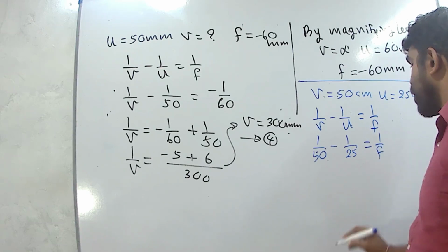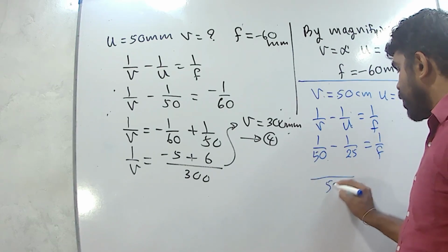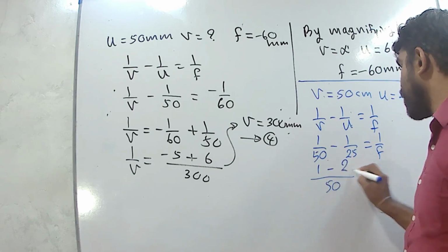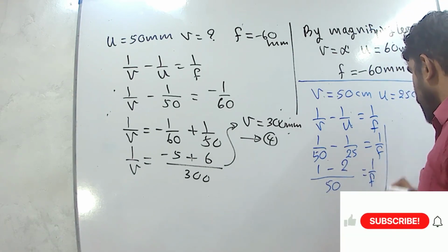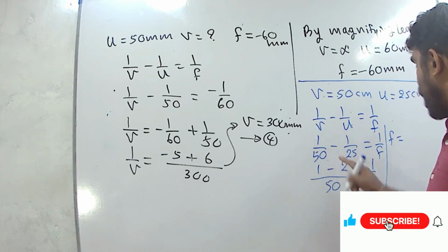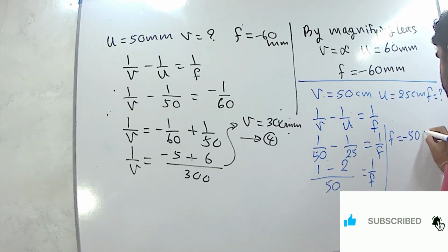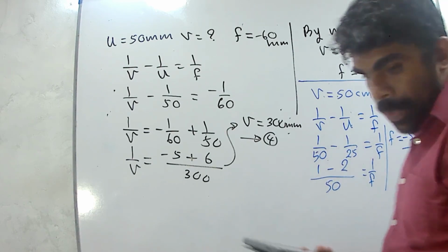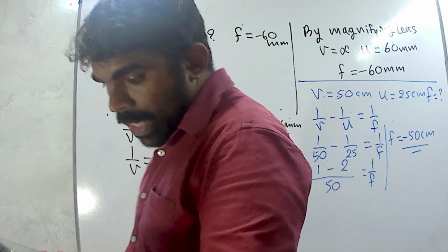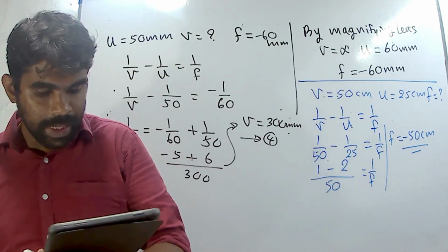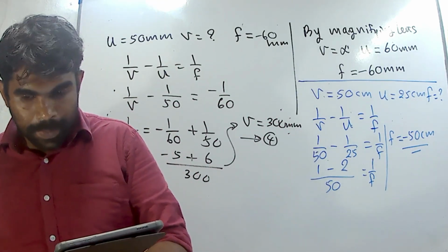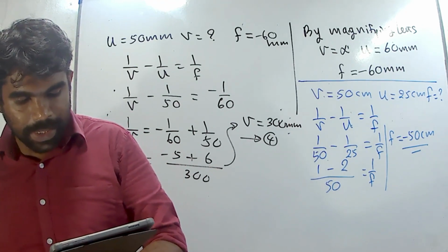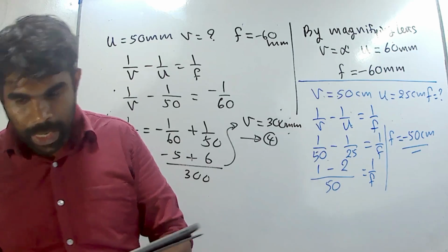LCM 50, 50 divided by 50, 1, minus 50 divided by 25, 2. Then F value is 50 divided by minus 1, it means minus 50 centimeters. Then it should be a converging lens with 50 centimeters focal length. Then answer is 1.